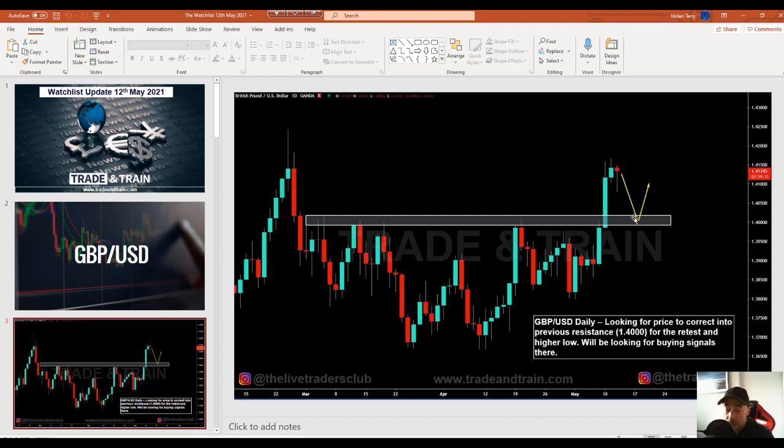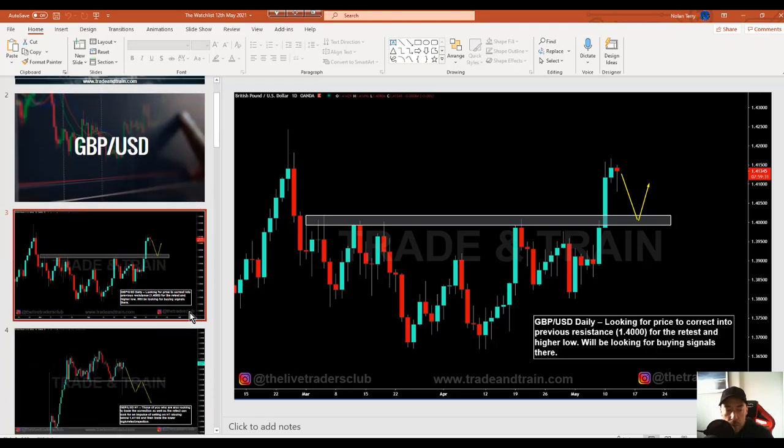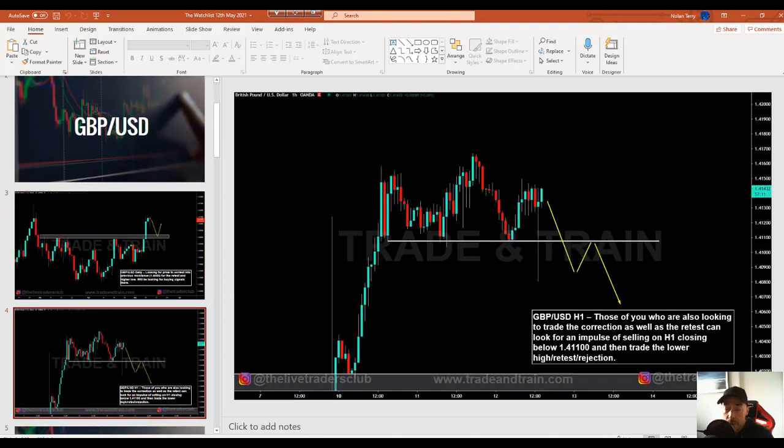So there's potentially a trade there to short or to sell the market into that 1.4 zone, where we'd be watching price to see if we get buyers come in for another move to the upside. So this is what we sent out to the traders to look for, if they were firstly interested in the short down to that 1.4 level.